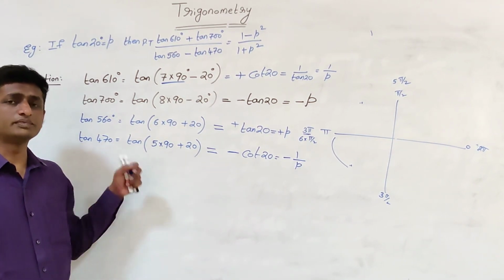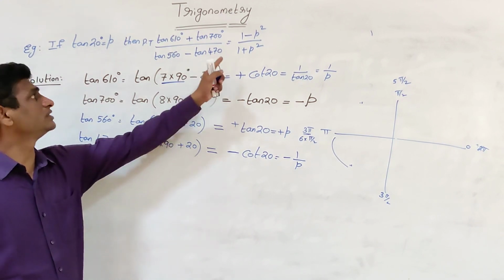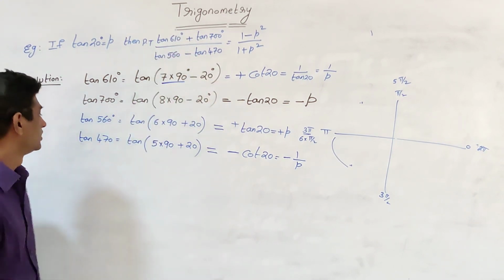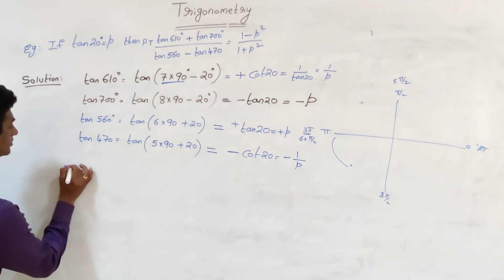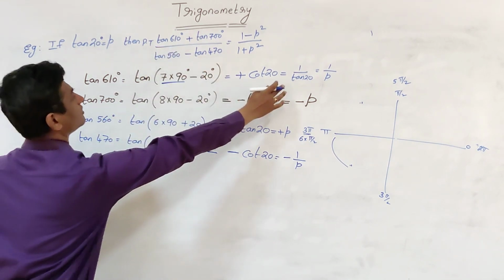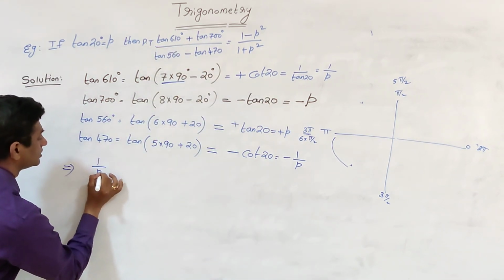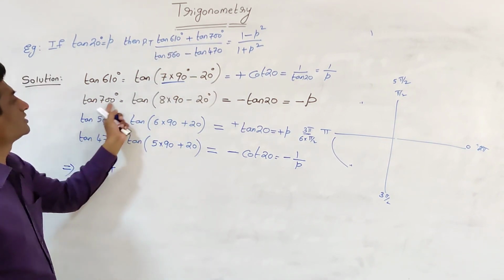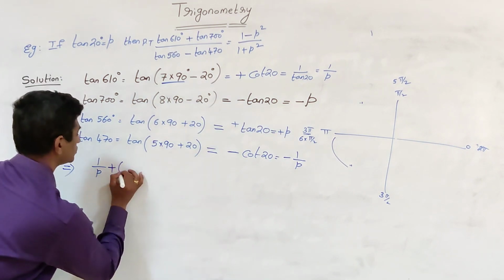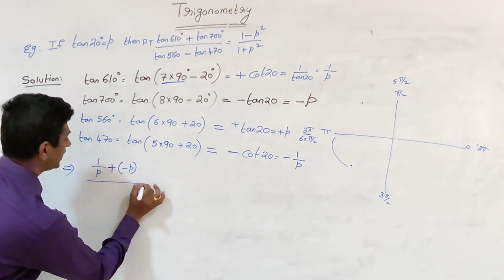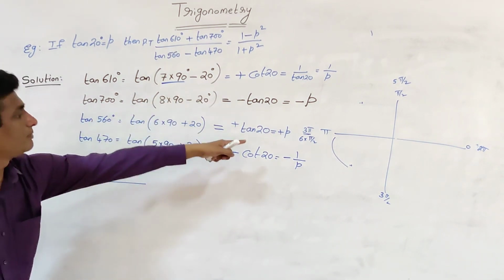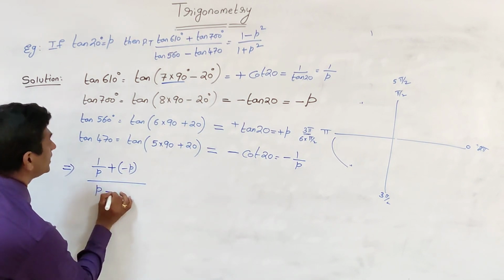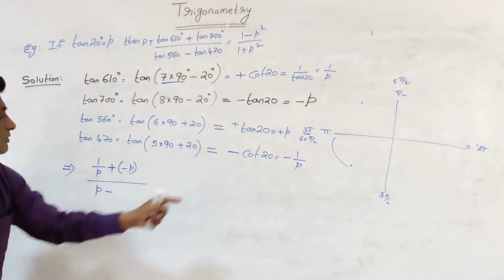Now we will substitute all these trigonometric values in the LHS. That is, tan 610 degrees will be equal to 1 by p, plus tan 700, which will be minus p, by tan 560, which will be p, minus tan 470, which is minus 1 by p.